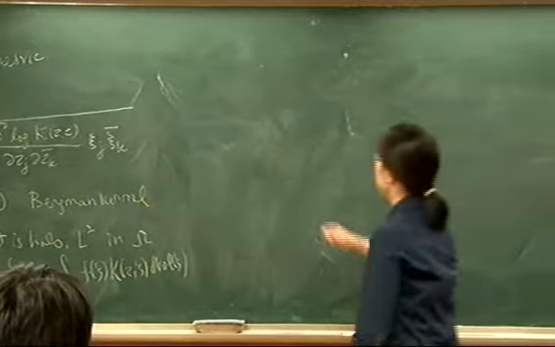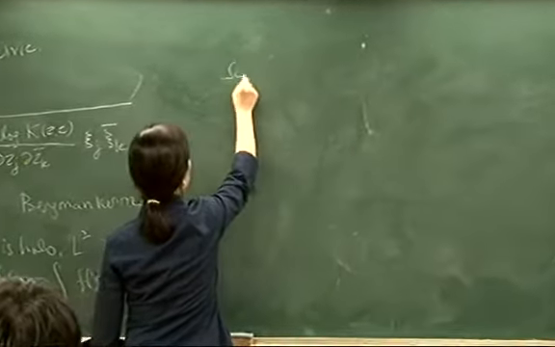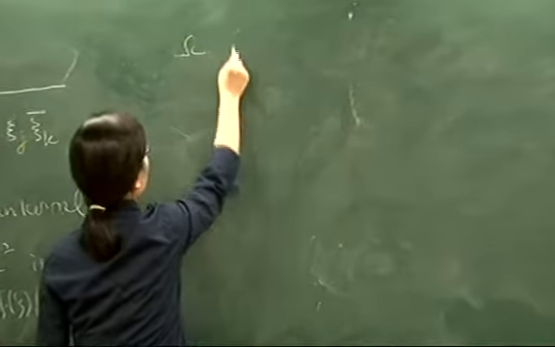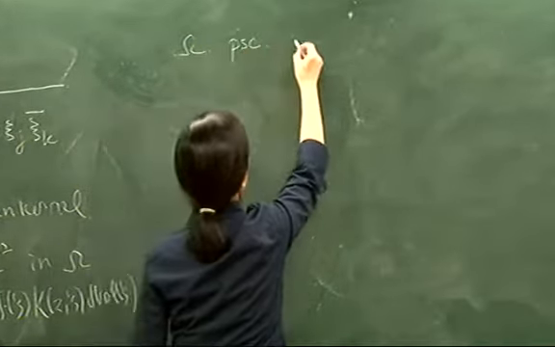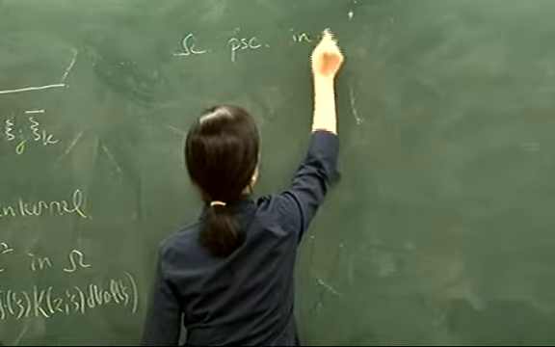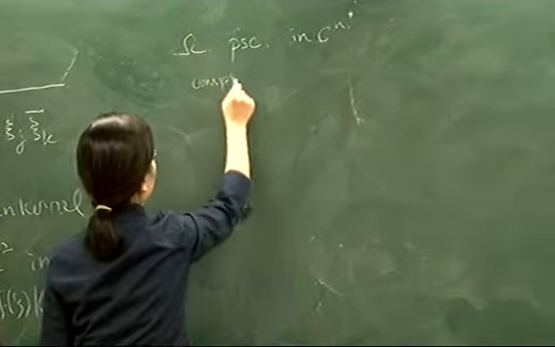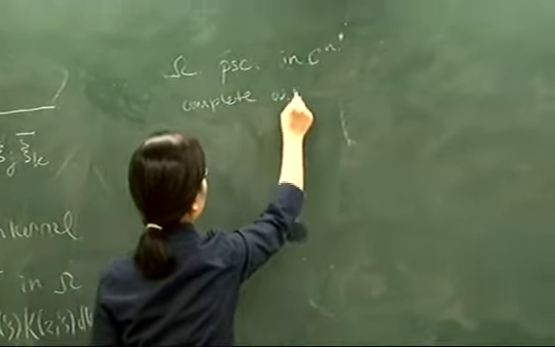We want to show that if omega is weakly pseudo-convex in Cn, then it is complete with respect to the Kobayashi metric.